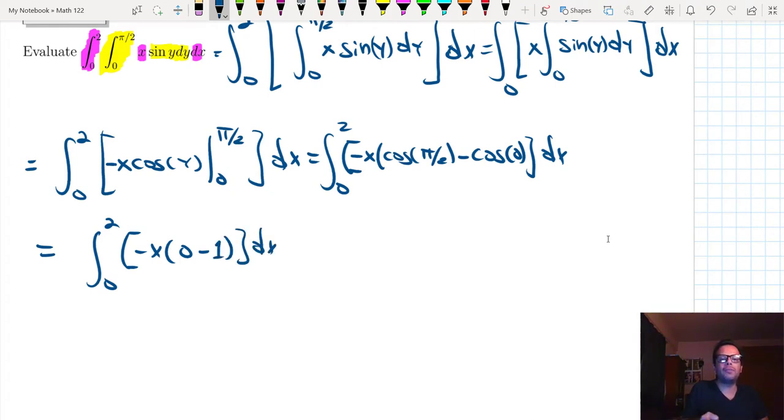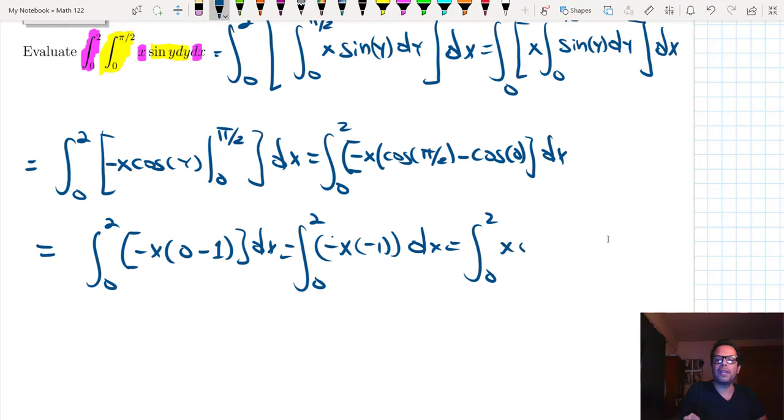Then 0 minus 1 will be negative 1, and then that negative x gives us the integral from 0 to 2 of positive x dx.